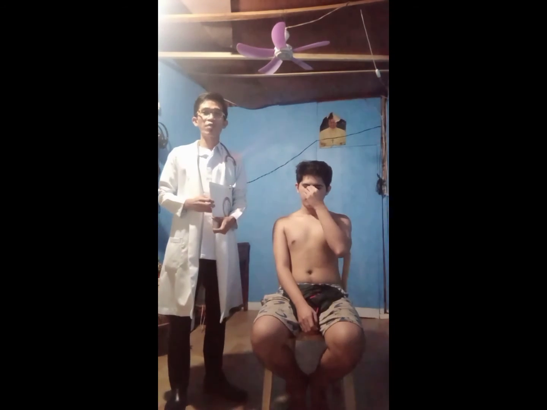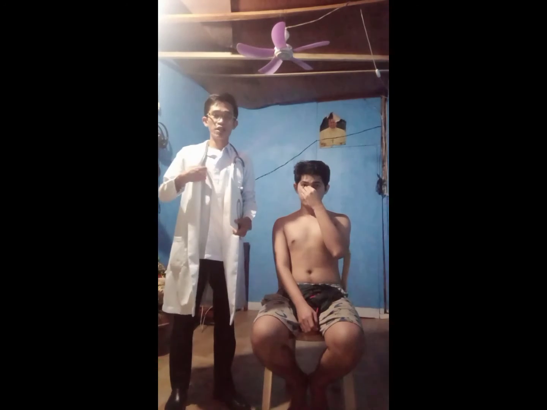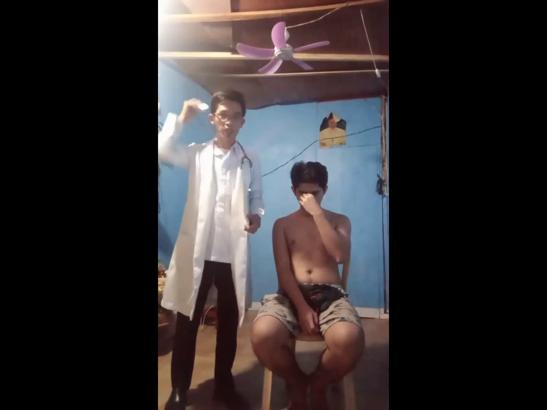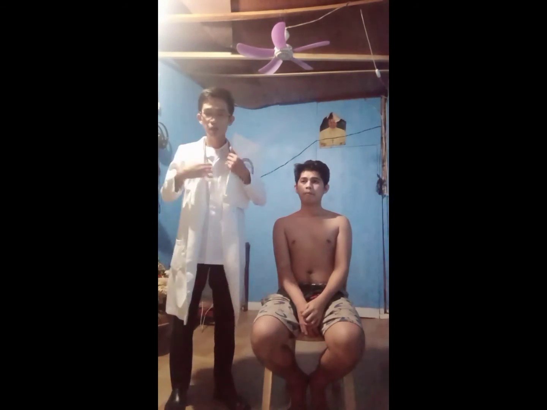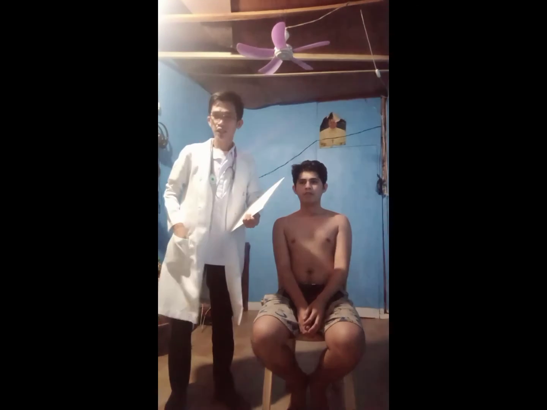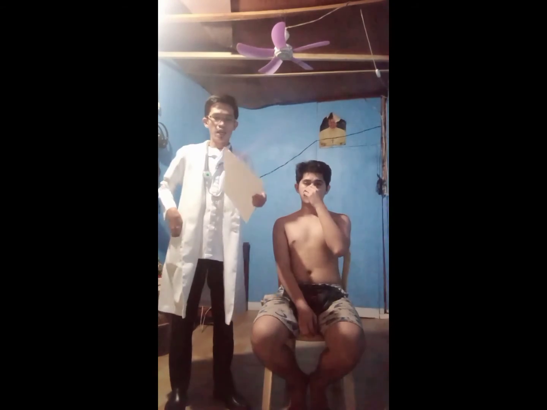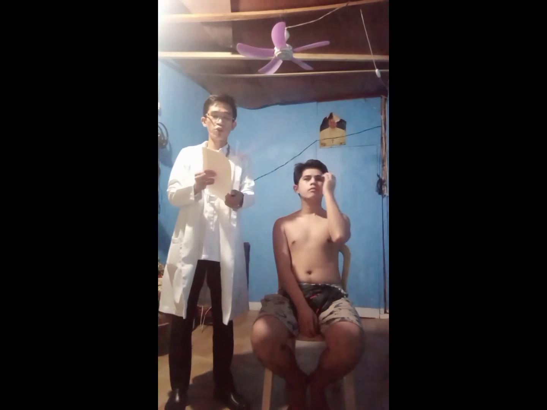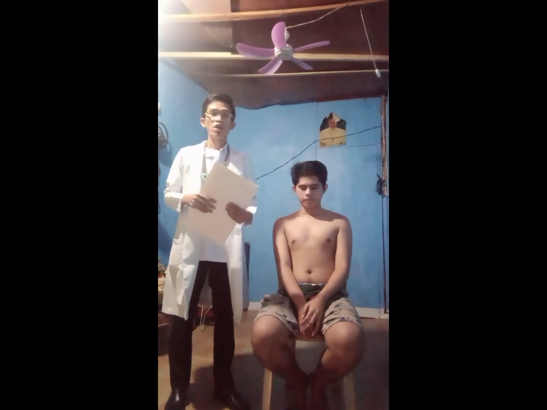The equipment that I'm using are the stethoscope, here, the stethoscope, the pen marker, the ruler, and the notes for you to record the findings of your patient.